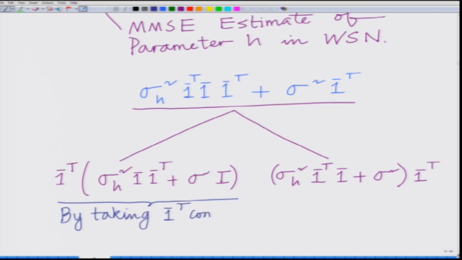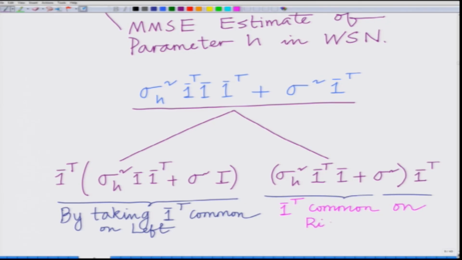So the same expression we have simplified two different ways, that is by taking 1 bar transpose common on the left-hand side and on the right-hand side.